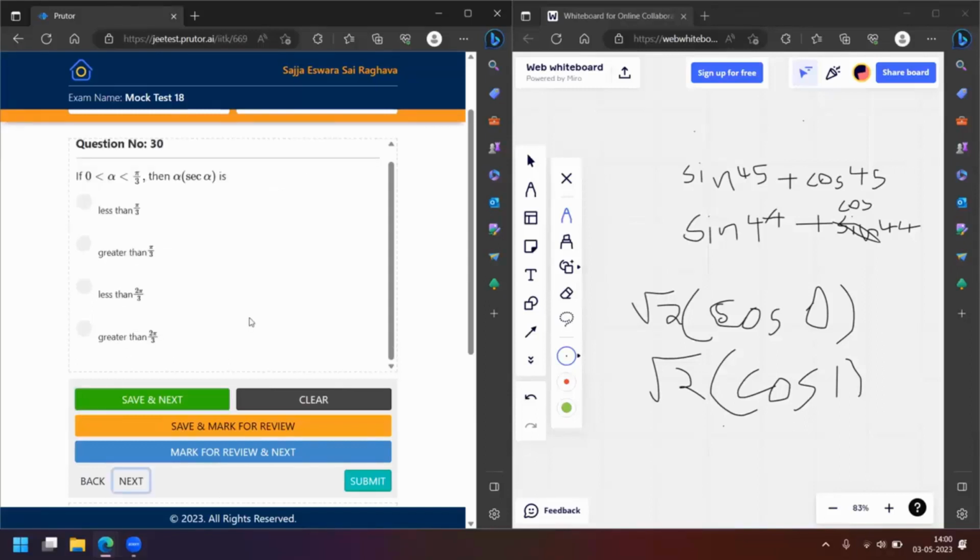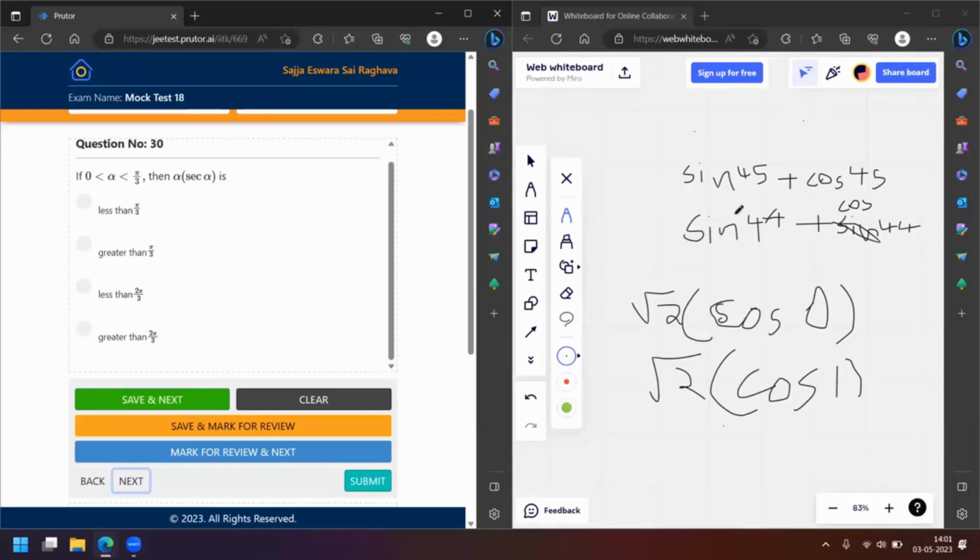Okay, so we have 0 less than alpha less than pi by 3, then alpha into secant alpha. Okay, so we know secant alpha is an increasing function between 0 to pi by 2. So here the secant alpha is increasing, and secant of pi by 3 is 2.